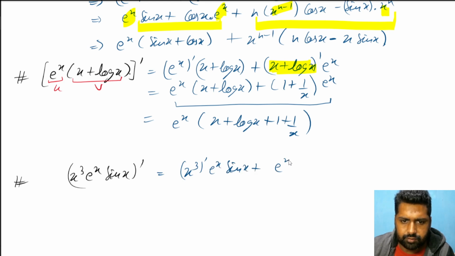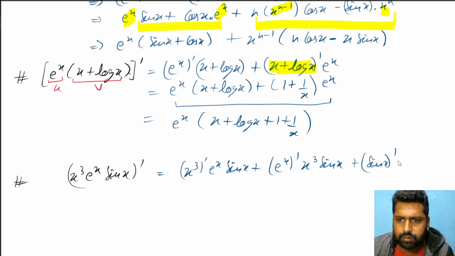Then differentiation of e raised to power x, keep x cube and sine x as they are. Then differentiation of sine x, keep e raised to power x and x cube as they are. So differentiate one function at a time, keep the other two as they are.